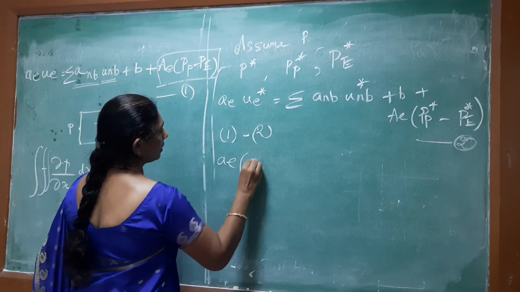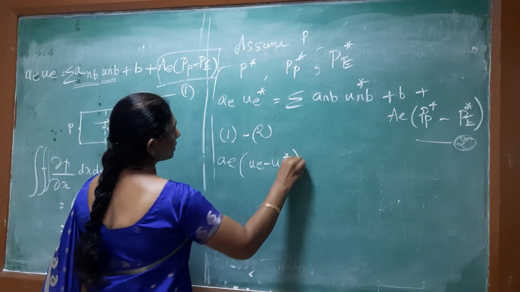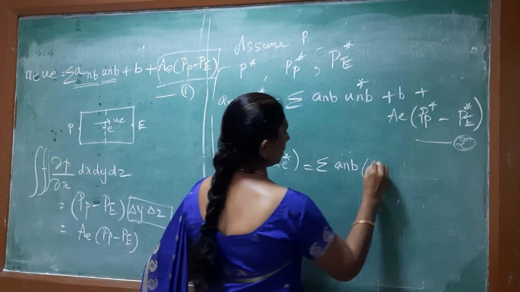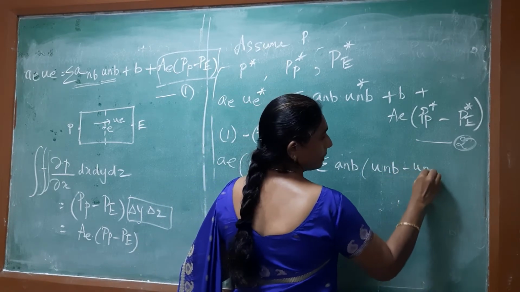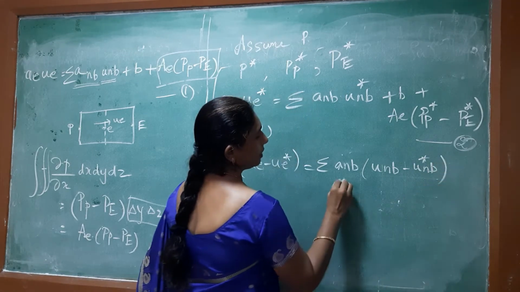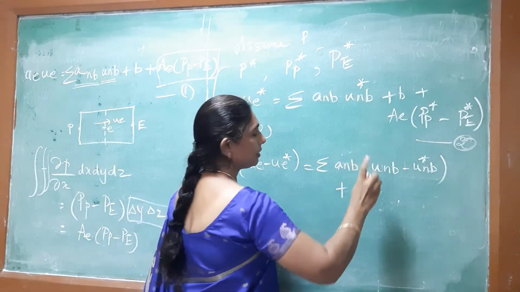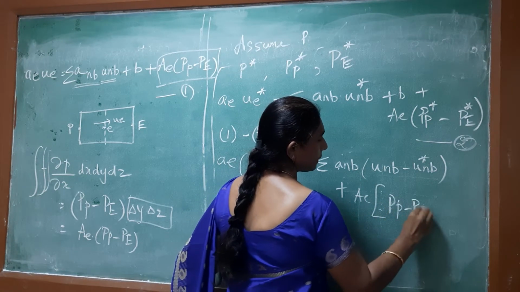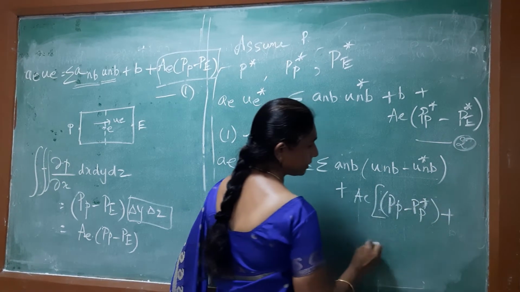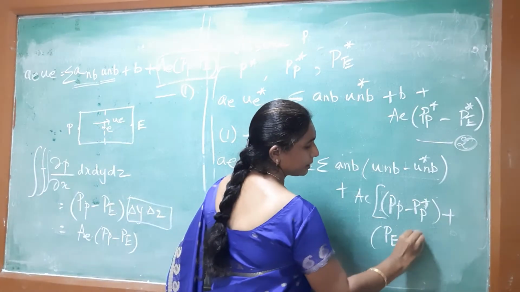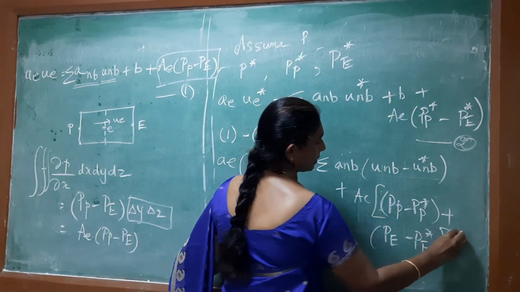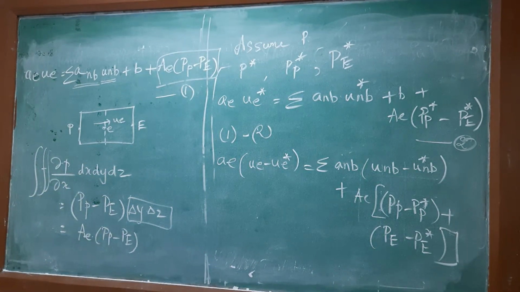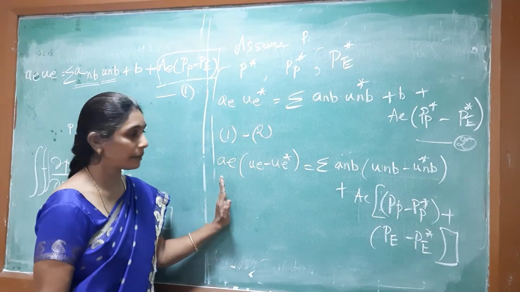This is AE into UE minus UE star equals sigma ANB into UNB minus UNB star, B minus B cancelled, plus AE into PP minus PP star minus PE minus PE star. Right? So this will be the equation.